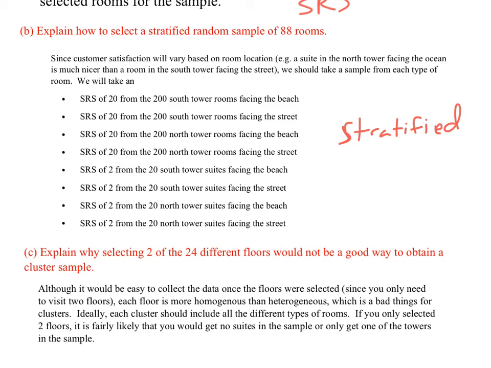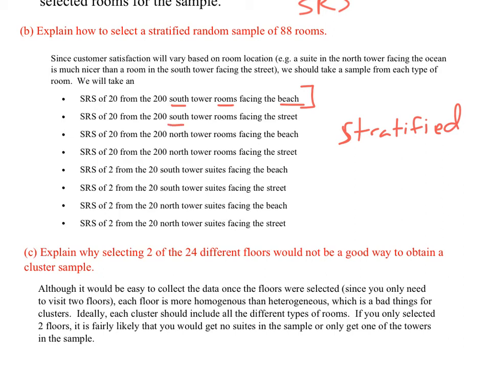So in each one of these I went through, and notice, each offers a slightly different case. Look at the first one. South rooms, beach. This would be like its own hat right here. I would do an SRS with those 200 rooms.